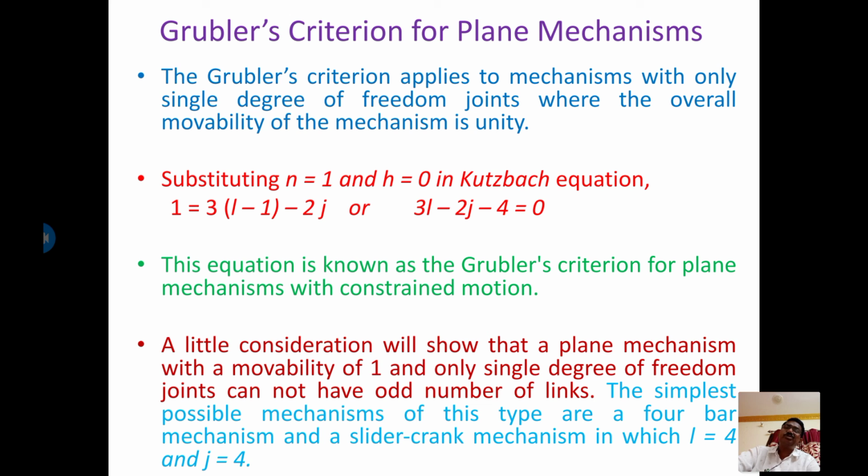The simplest mechanism is the 4-bar mechanism and the slider crank mechanism, where the number of links is 4 and the number of joints is also 4. So in this way we can classify the mechanism.